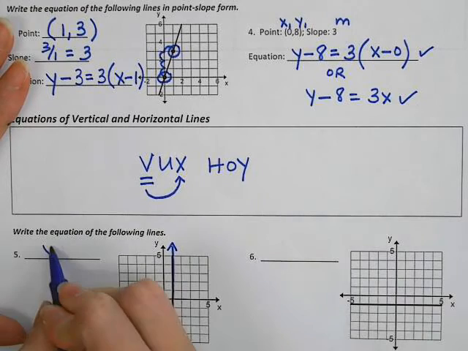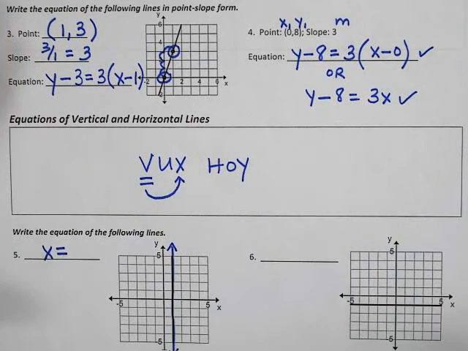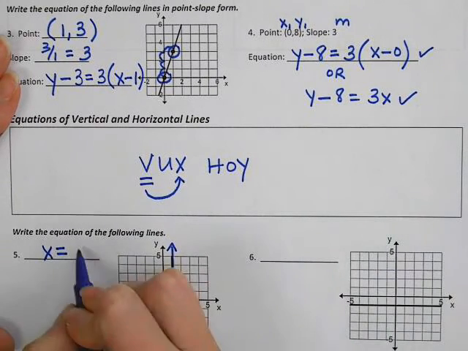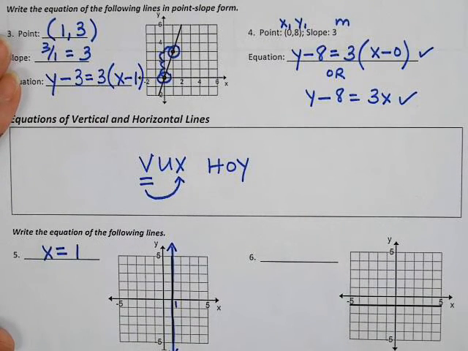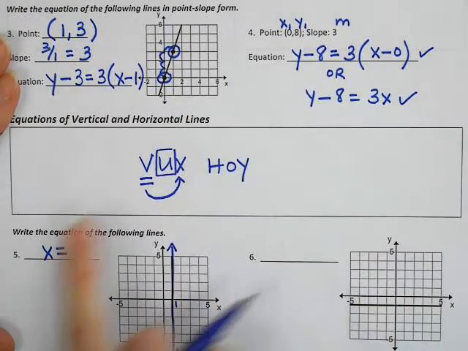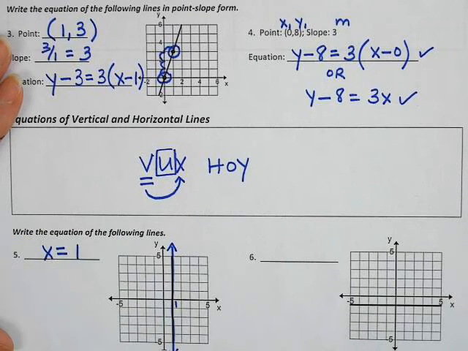Now, what is that something? Well, where is this line going through? It looks like it's going through x equals 1, right? So the line is x equals 1. The slope is undefined, but that's not what it's asking for. It's saying write the equation of the line, not the slope.